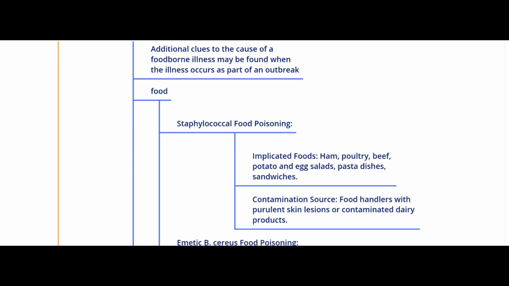The contamination source is usually food handlers with purulent skin lesions or contaminated dairy products. And it doesn't need to be a really big lesion. A small pustule or a small formation on the finger or on the hand of a person is more than enough to contaminate a really big batch.